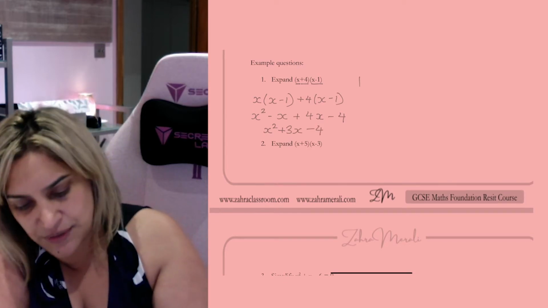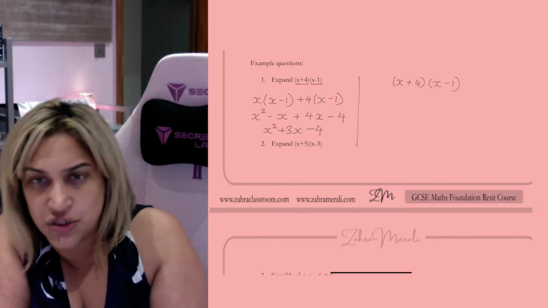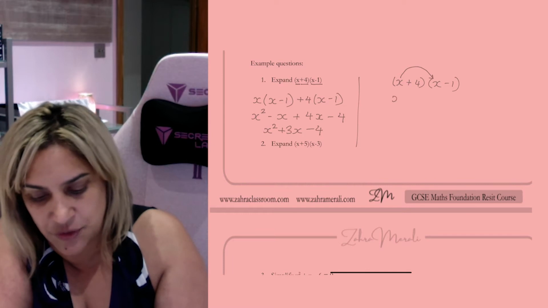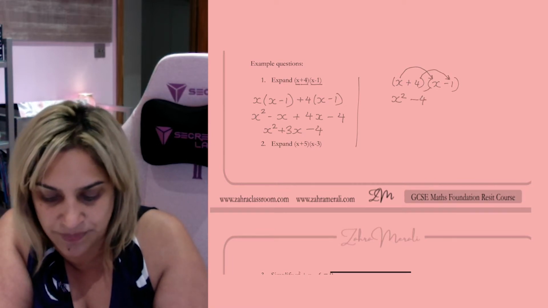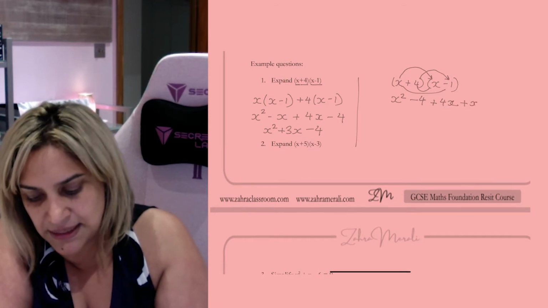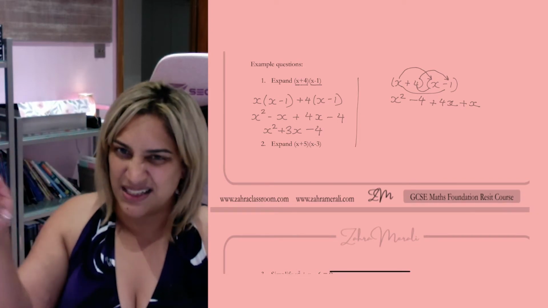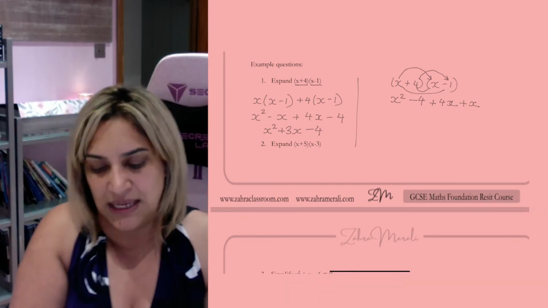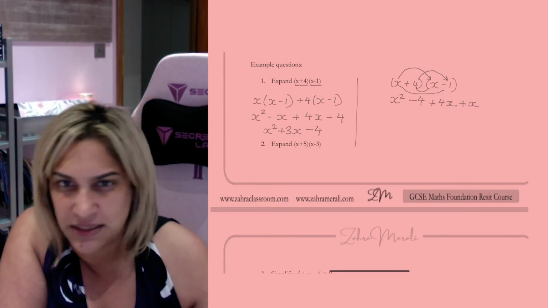You may also have learnt it, and I'll do it once like this, by doing this times this to give you x squared, that times that to give you minus 4, plus 4x, minus x. So you've got first, inside, outside, last, and you end up at the same point. I just think when you do single brackets, you're less likely to get it wrong.